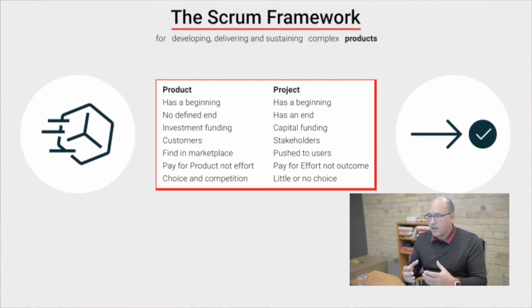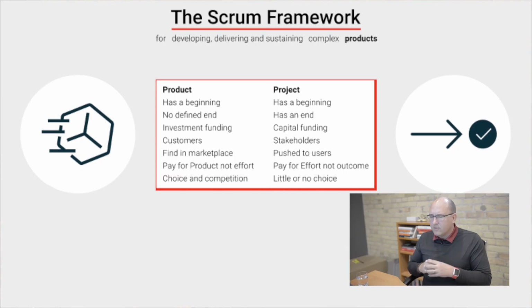This is really where the crux of the difference between product and project lies. And so when we try to understand the Scrum framework, we need to understand that we're talking about customers in a marketplace, that we're talking about a product that we will sell as a product rather than work that we have to pay for. This is something that often catches a lot of people as a surprise. Again, the definition of Scrum is very specific on this point.